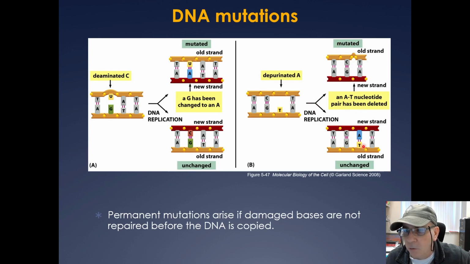Once again, the old strand is fine, and it's copied as it should be, and it remains unchanged. But if these mutations are not repaired prior to replication, a permanent mutation will reside. So if the damage is not repaired before the DNA is copied, you'll end up with a permanent mutation.